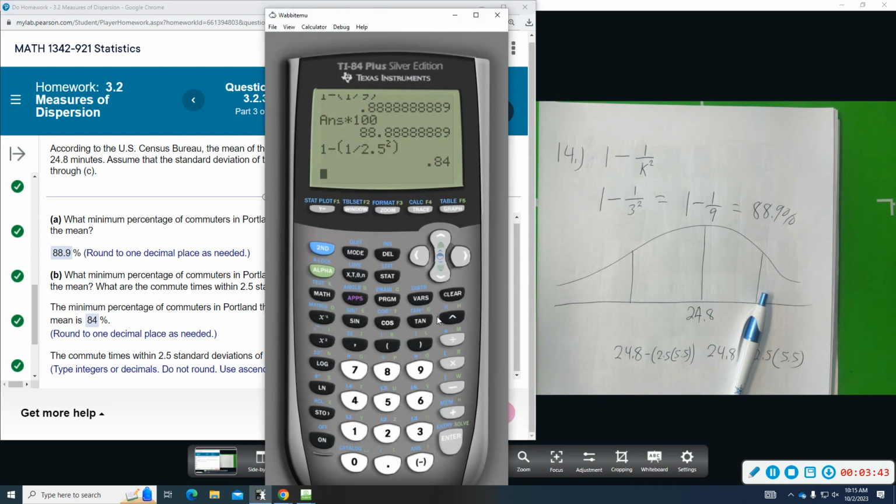So 24.8 minus the 2.5 times 5.5 gives us 11.05.